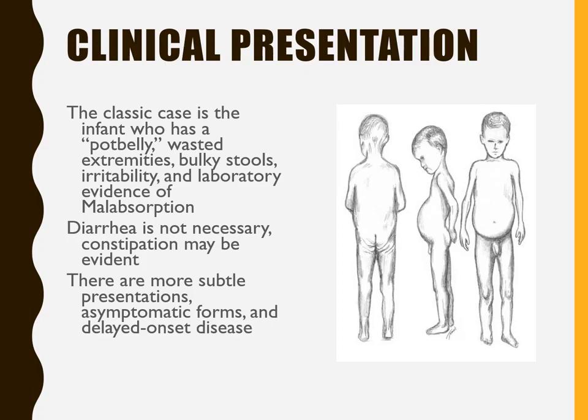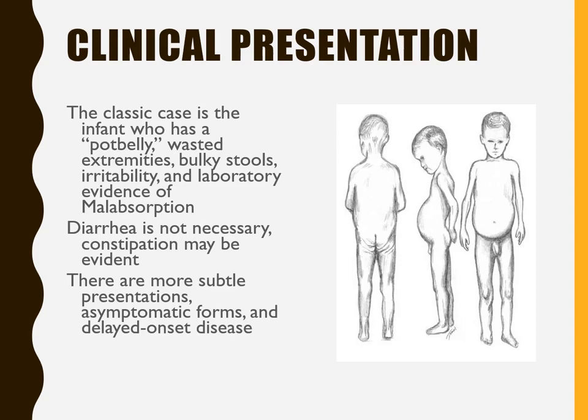Regarding the clinical presentation of celiac disease, when I was at your age, we were taught that celiac disease is a pediatric disorder presenting with what you can see in this picture: a young infant with a protuberant belly, which is abdominal distension, wasted extremities, bulky stools, irritability, and laboratory evidence of malabsorption.